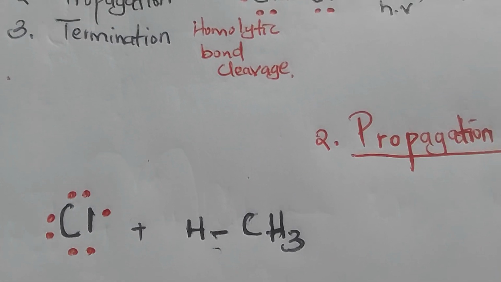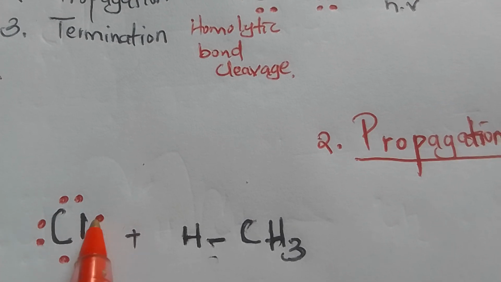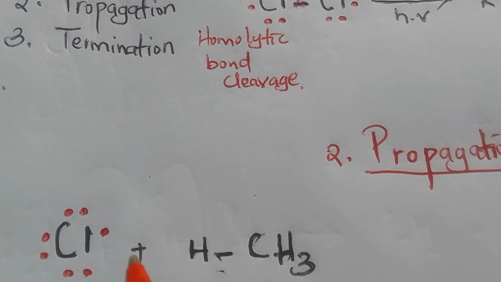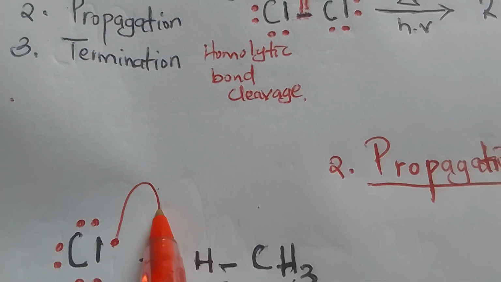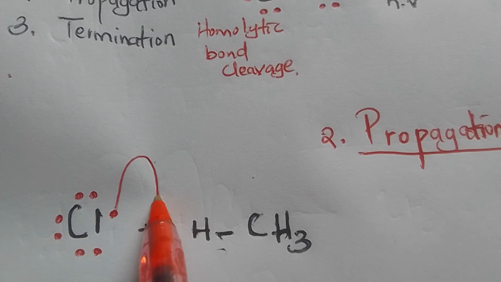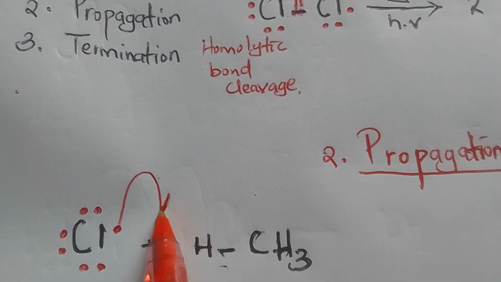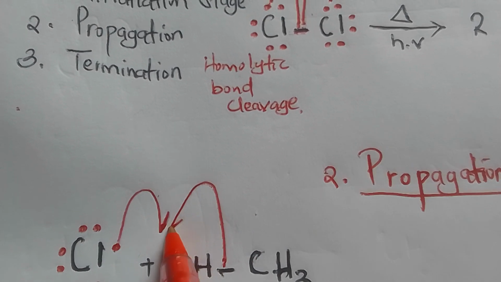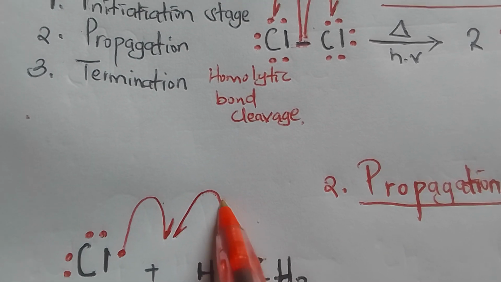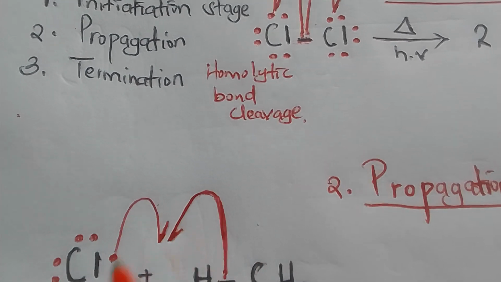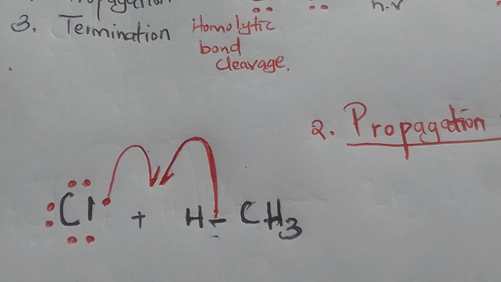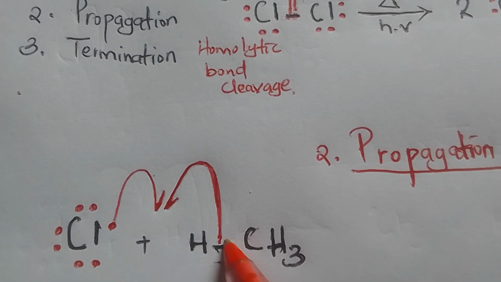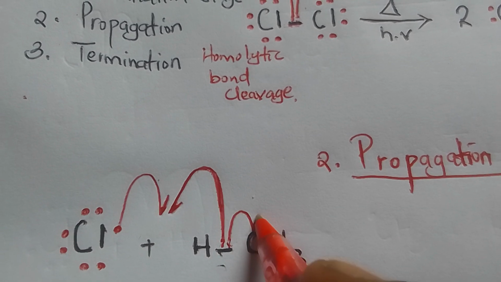So what happens is that this unpaired electron in the chlorine radical removes the hydrogen from the methane. If that happens, then the electron remaining in this bond moves to the carbon.